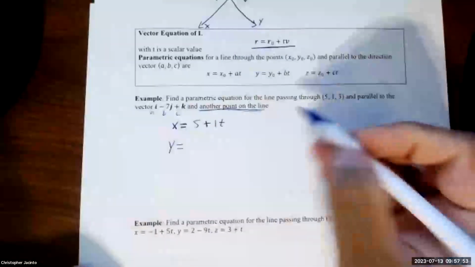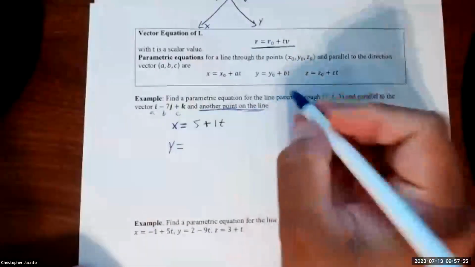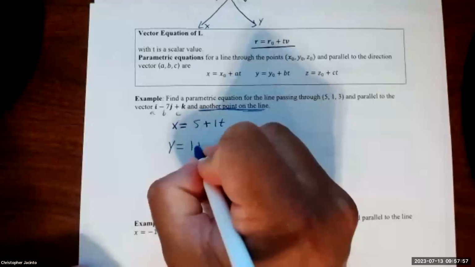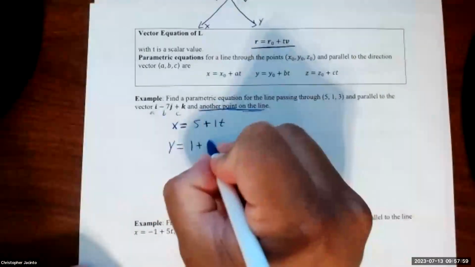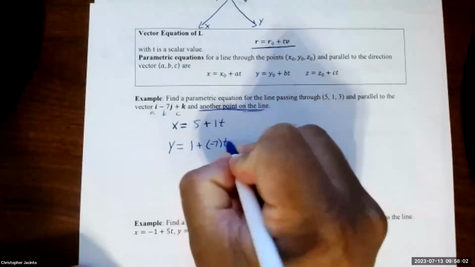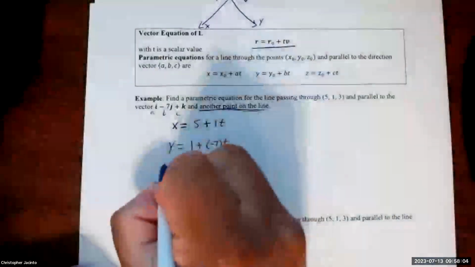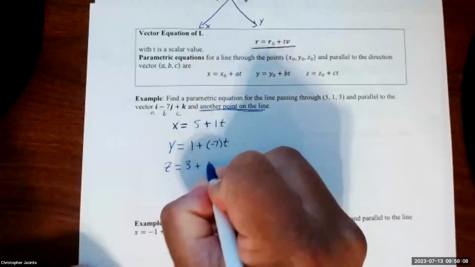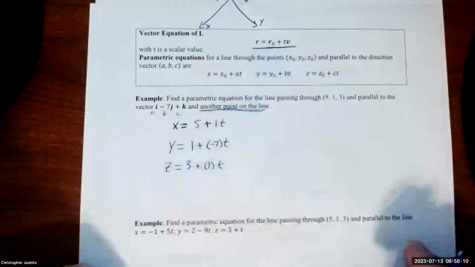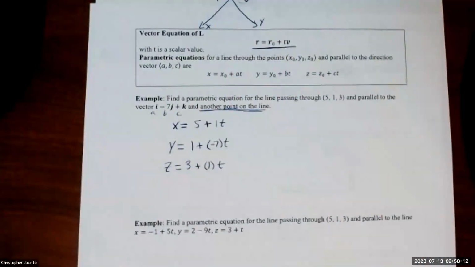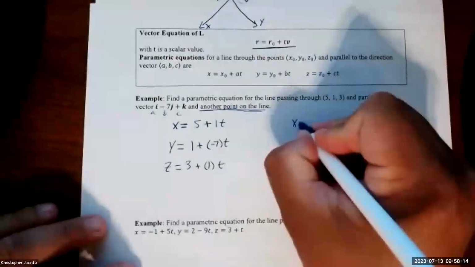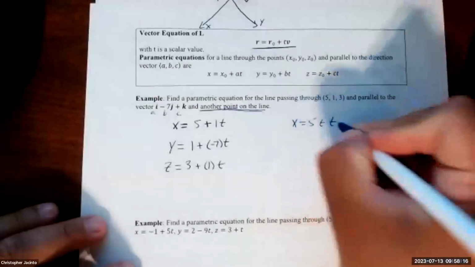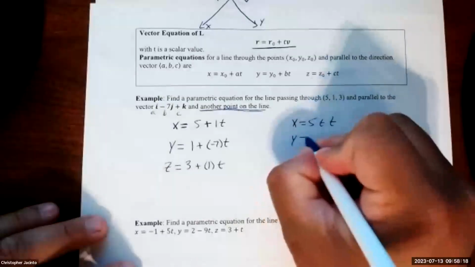We go to y. It's going to be y initial, so 1 plus -7t. And then finally z is going to be 3 plus 1t. And that's exactly our parameterization equation.